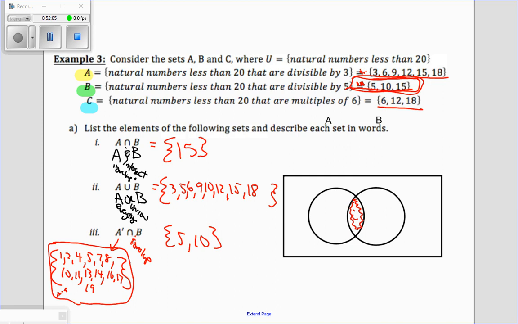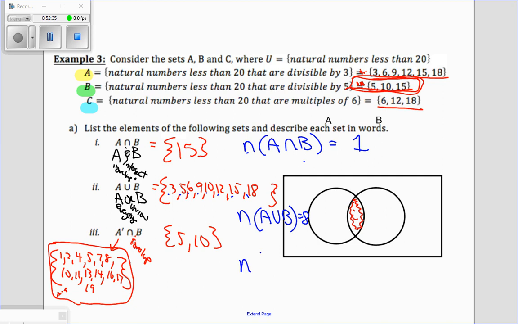Now, just off to the side, what if the question said N, A and B? This would mean how many numbers are in the overlap. So the answer would be 1. If I said how many numbers are in the union? 1, 2, 3, 4, 5, 6, 7, 8.